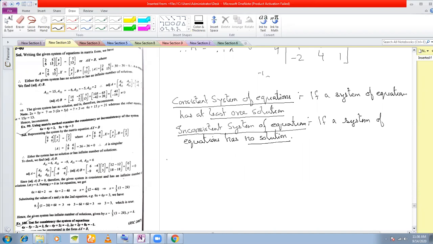The question here is, check whether the system of equations is consistent or inconsistent.